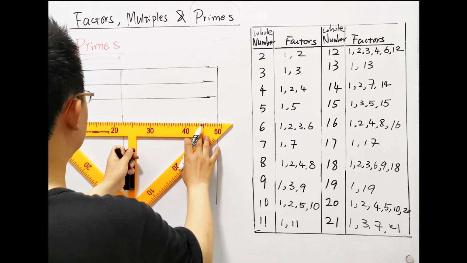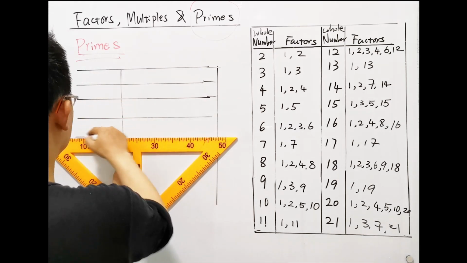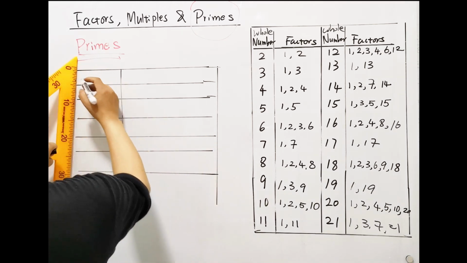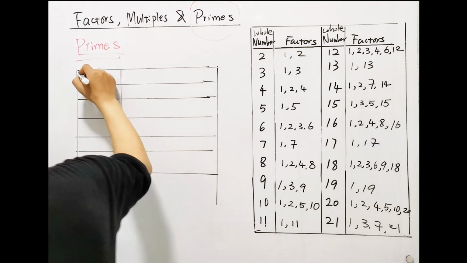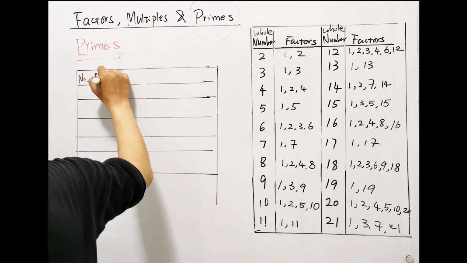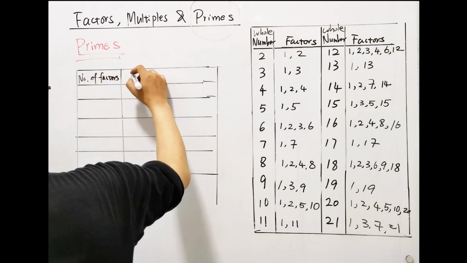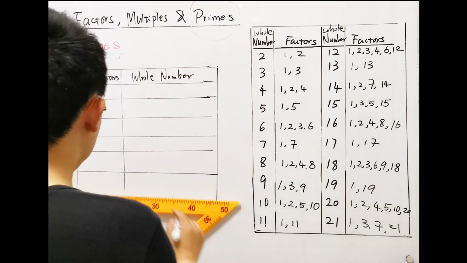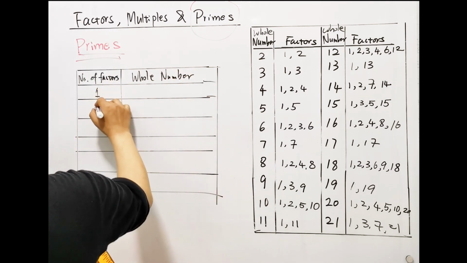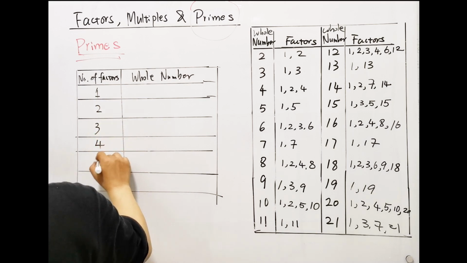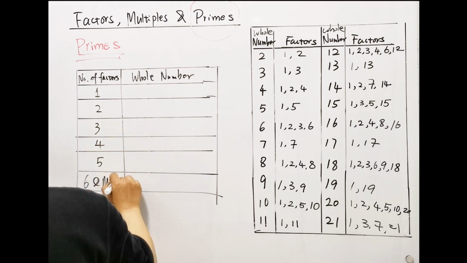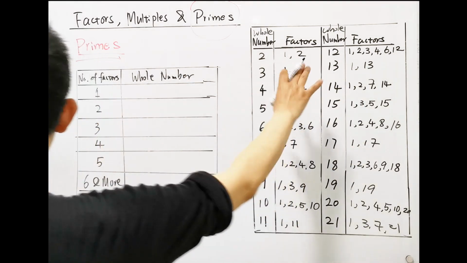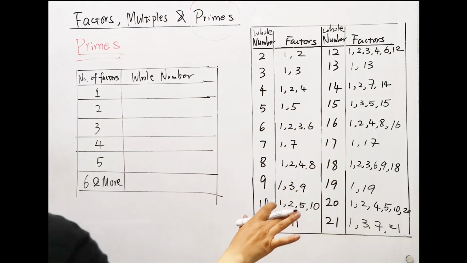The columns are the number of factors and the whole numbers. Classify each of these above numbers according to the number of factors they have, and let me use the table below.